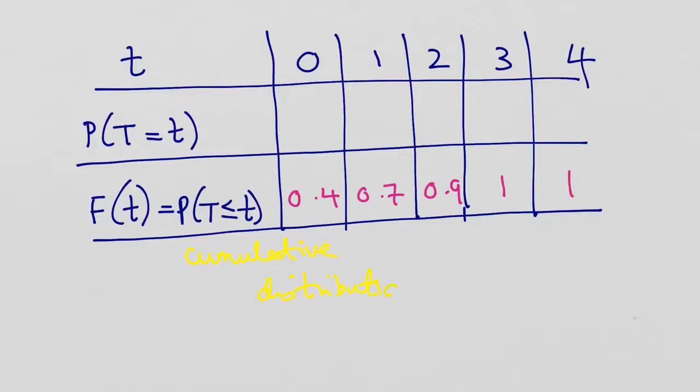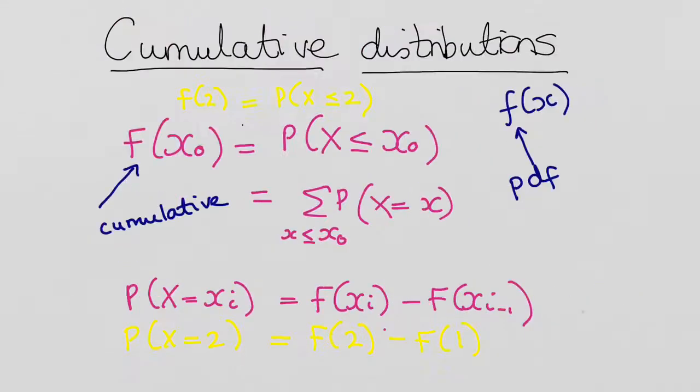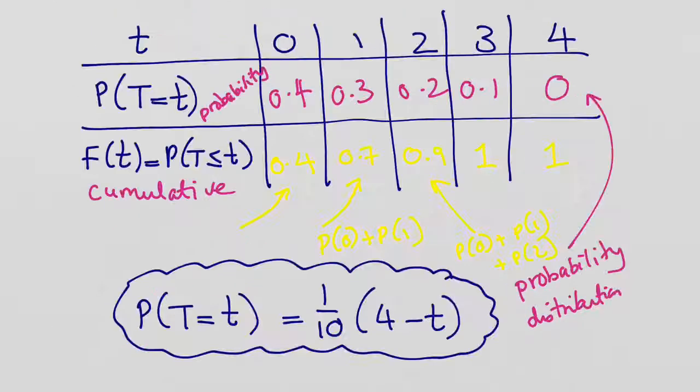So sometimes they give you a formula for the cumulative distribution and they ask you to work backwards to find out what the original probabilities were. So the first one's quite easy to do, 0.4. And from there, we go all the way back here and we're using this idea here, that if I want an individual probability, I need to take away the previous one because I'm doing the running total of them.